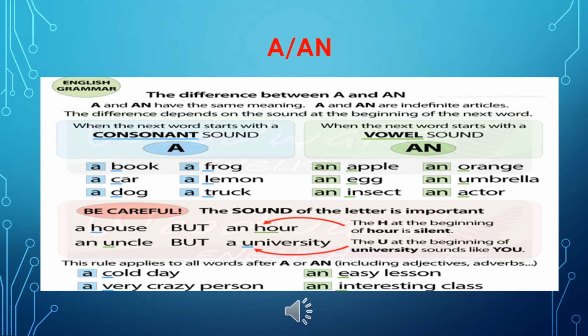And when the next word starts with a vowel sound, we use an: an apple, an egg, an insect, an orange, an umbrella, an actor. So this is how we do it, and we have this slide just to remind you. Okay?